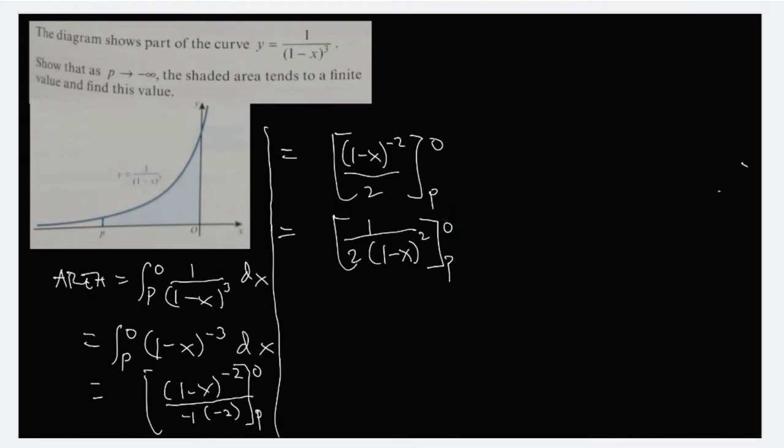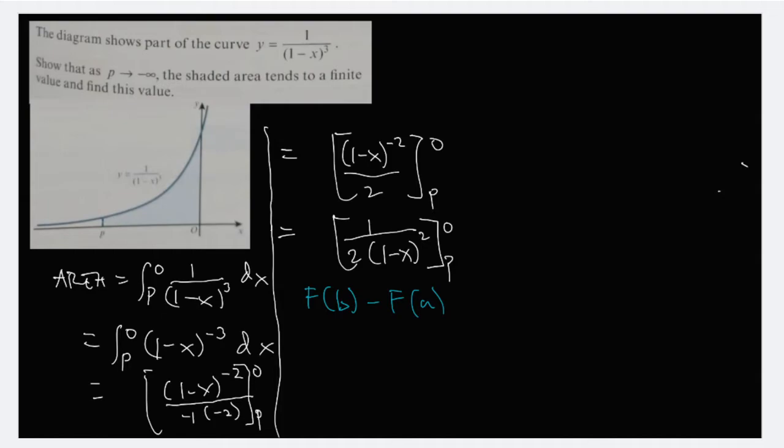So now we're going to apply f of b minus f of a. Let's start with the 0.